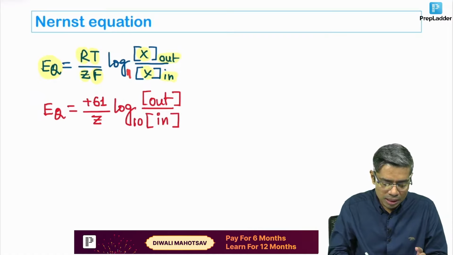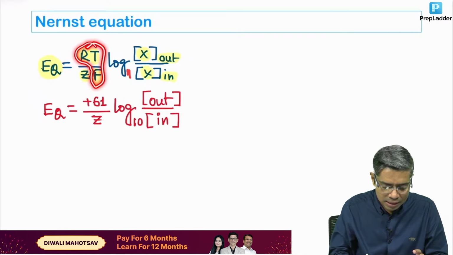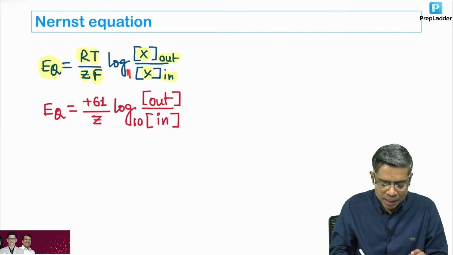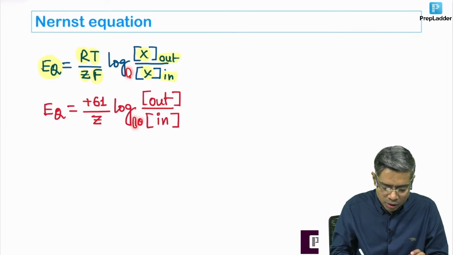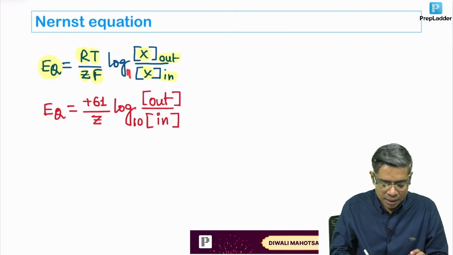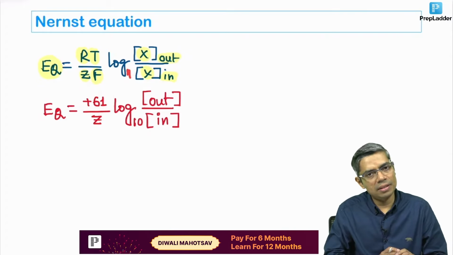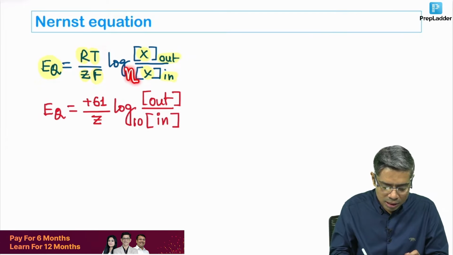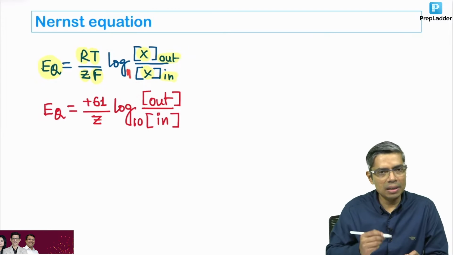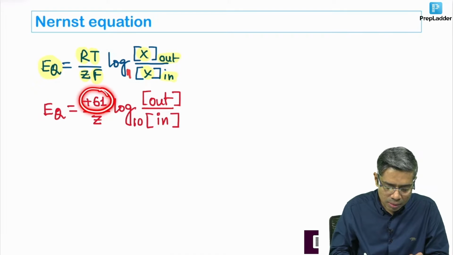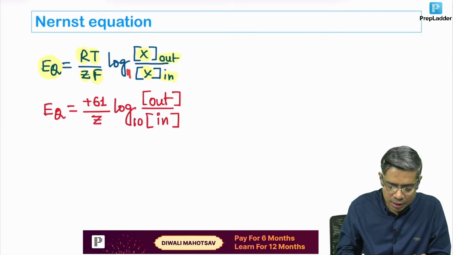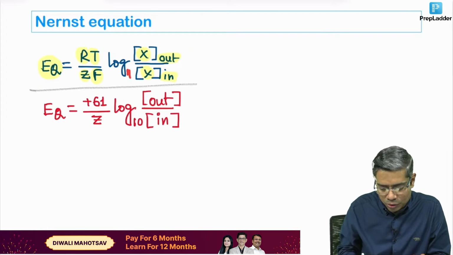You have to remember that if you convert the natural logarithm into log base 10, then the whole fraction will be plus 61. The combination of these two things gives plus 61. So this number or this formula you should remember.